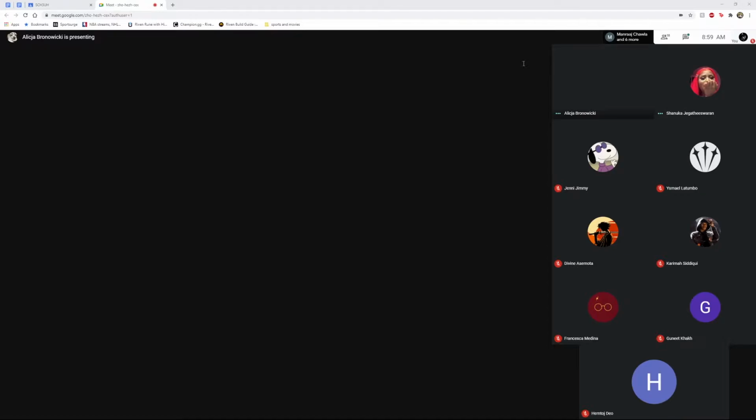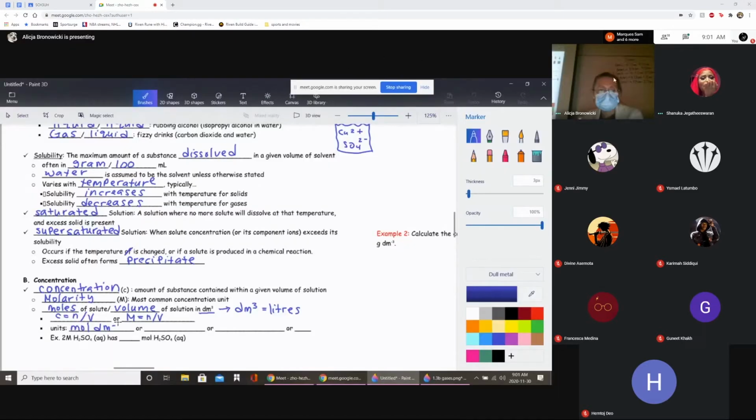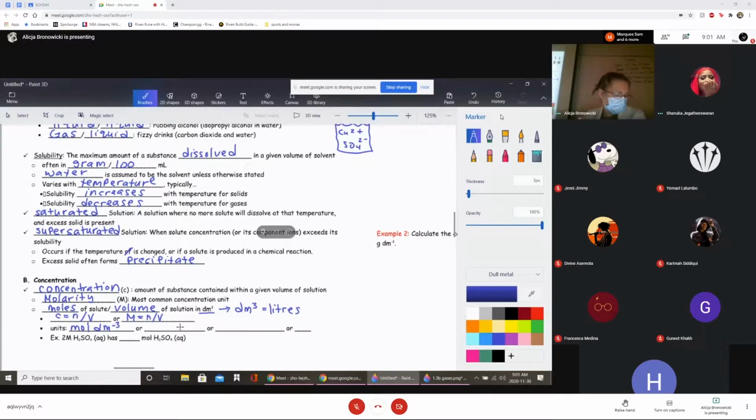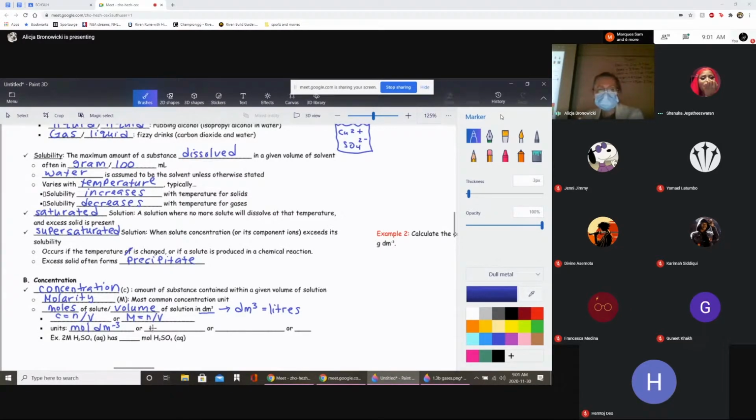Okay. So c is equal to n over V. Okay, you could also use capital M equals n over V. So your units here are moles per liter. You could also write it mole per dm3.